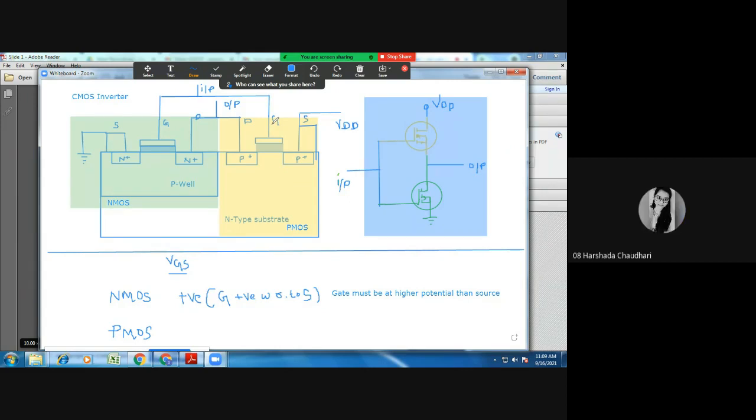Negative voltage. So for PMOS to conduct, these are the conditions for conduction.